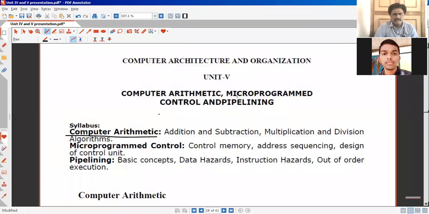And we have seen already addition and subtraction, how to do microprogram with the hardware using a 4-bit adder and subtraction also. Then in the later part of Unit 5, we'll be discussing micro-programmed control. In the previous unit, Unit 4, we discussed hardwired control.